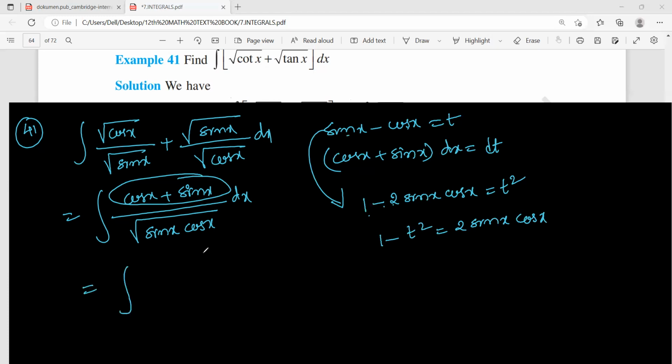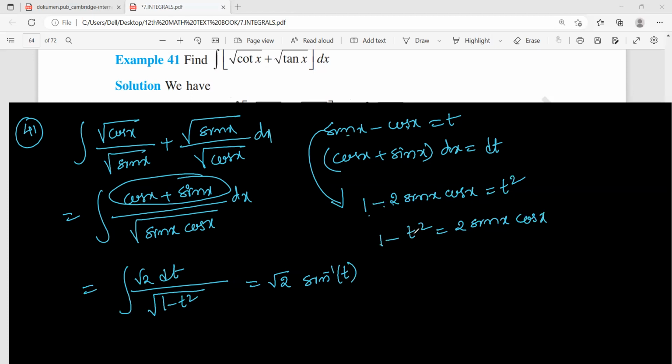If you take this dt, then this is going to be root of 1 minus t square by 2. Root 2 into this is sin inverse t. 1 by root of 1 minus x square is sin inverse x.